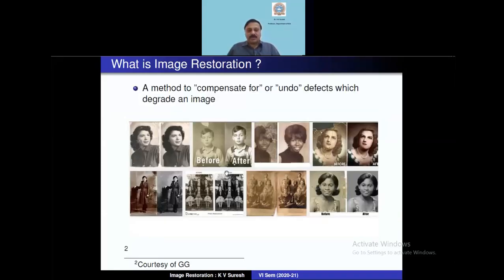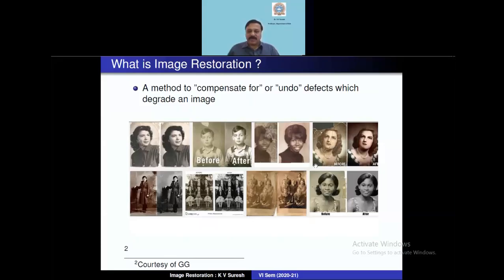There is one more kind of image restoration that you normally see when you go to photo studios. Suppose you have a good old image, maybe of your great grandfather or great grandmother, of which you only have the print and not the digital version. Sometimes the image is spoiled because of some water falling on it, or some paint on it, or maybe the print is torn.